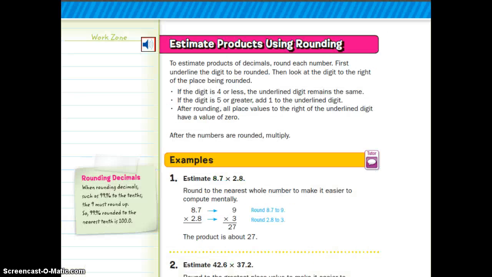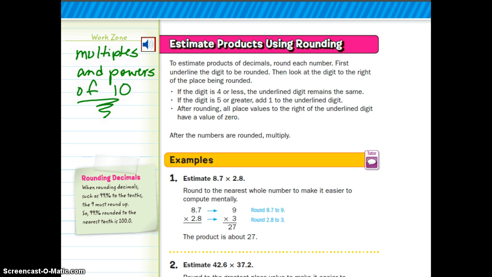So now let's talk about the rounding rules. We know if the digit is 4 or less, you keep it the same. If it's 5 or greater, you add 1 to the digit. So again, when we talk about rounding, I think it's more important to think in terms of multiples and powers of 10.